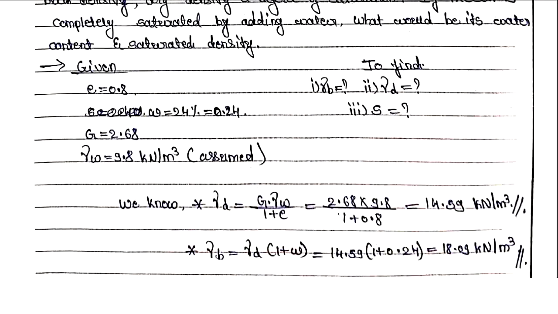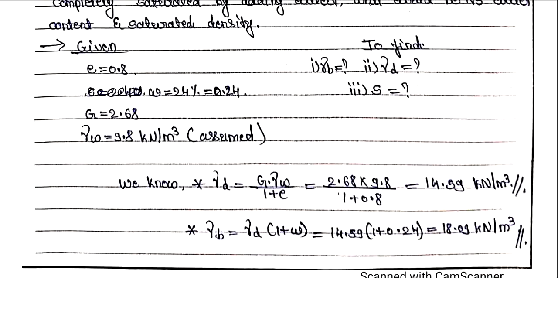So we have the formula for dry density as G into gamma W divided by 1 plus E. So G into gamma W, you can see 2.68 into 9.8, and 1 plus E is 1.8 as E is equal to 0.8. So by using this relation, I am going to get dry unit weight as 14.59 kilonewton per meter cube.